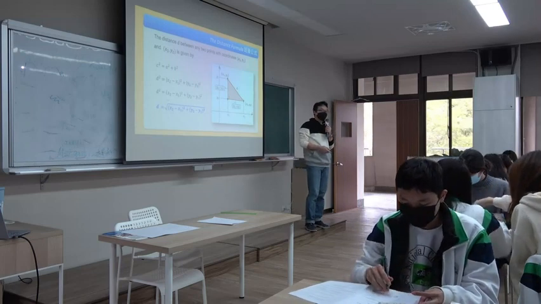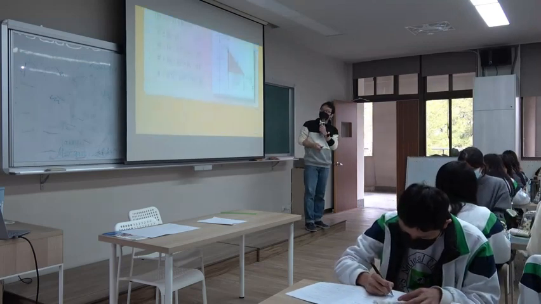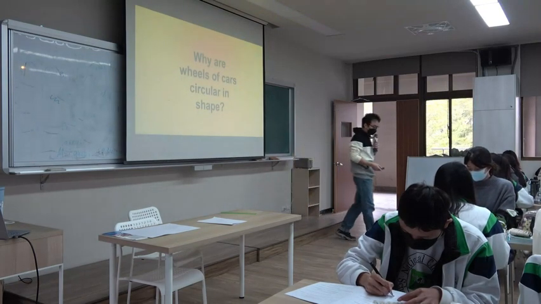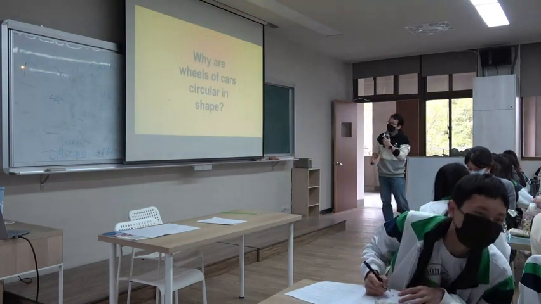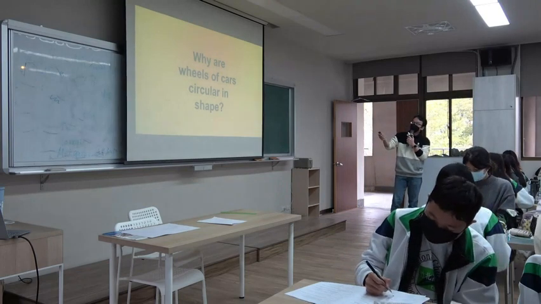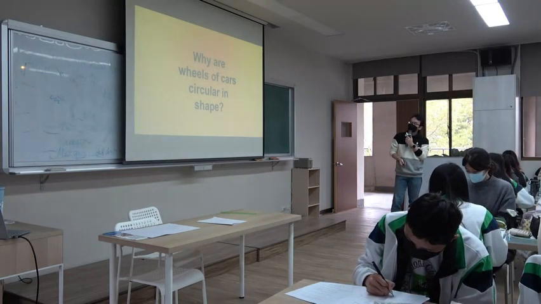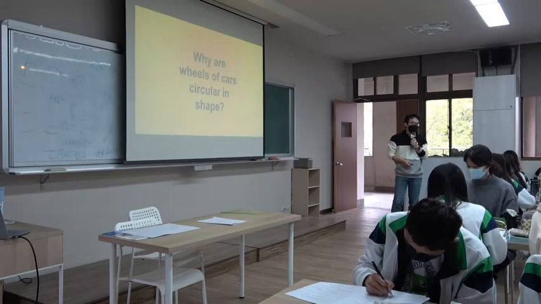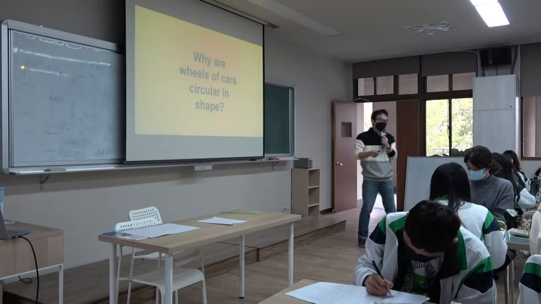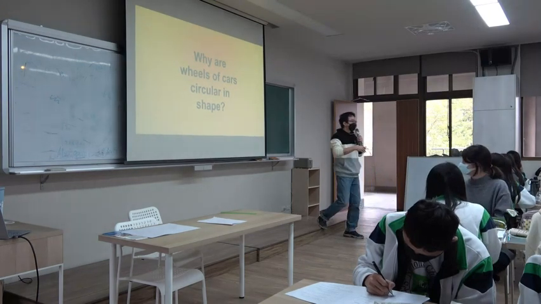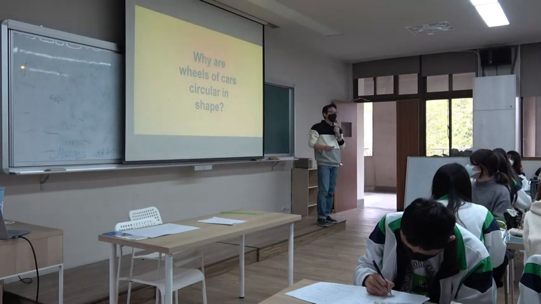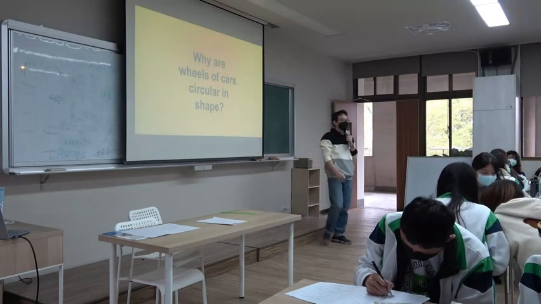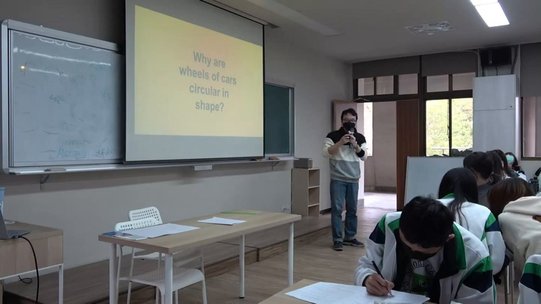So 这个跟我们今天的主题有什么相关性呢？Okay, here's a question. Why are wheels of cars circular in shape? Why? 为什么车子的轮胎是圆形的，而不用其他形状？对。It can roll and can move.